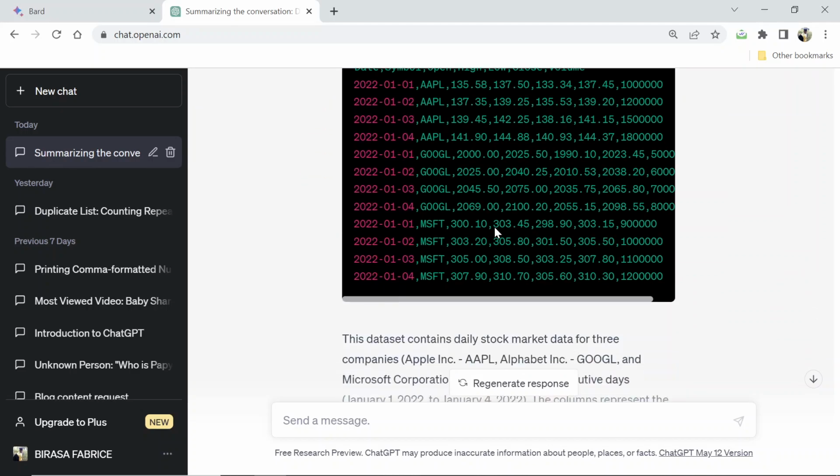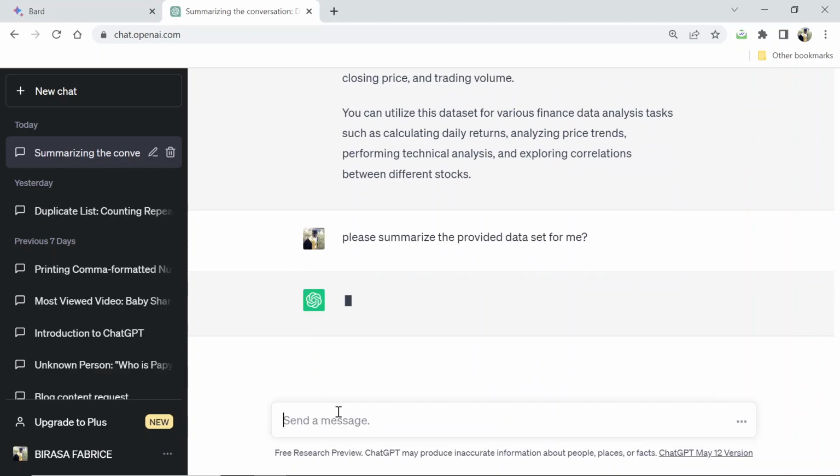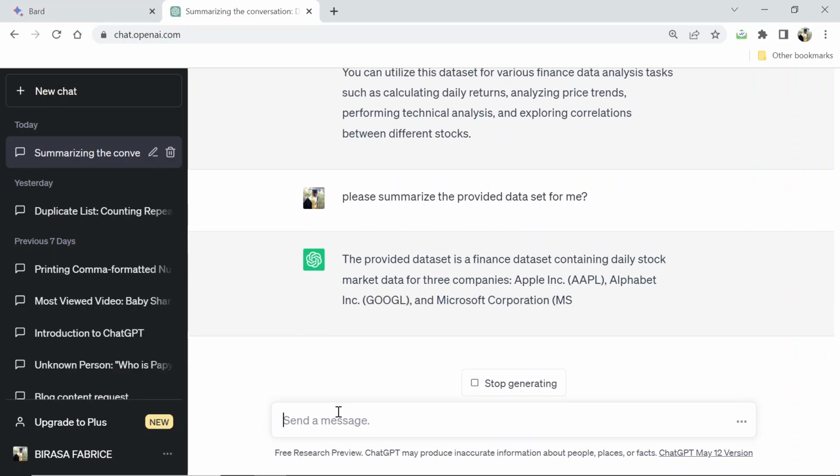Please summarize the dataset for me. They provided a dataset for me. Let me see if they can summarize it.